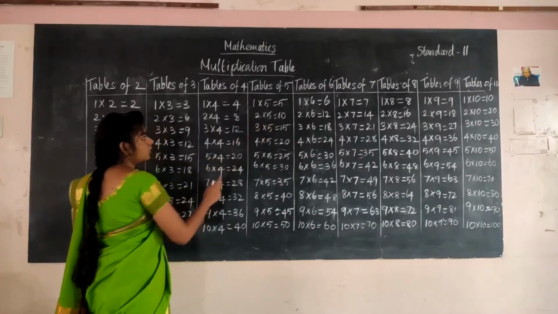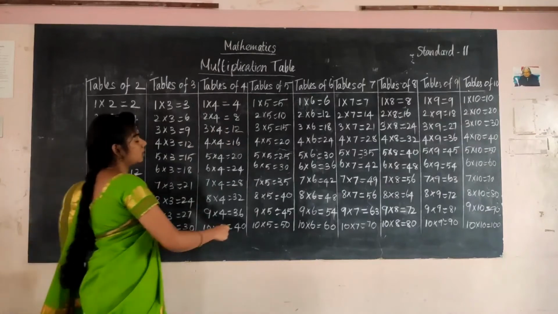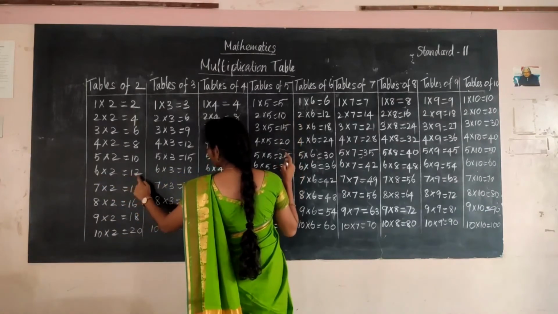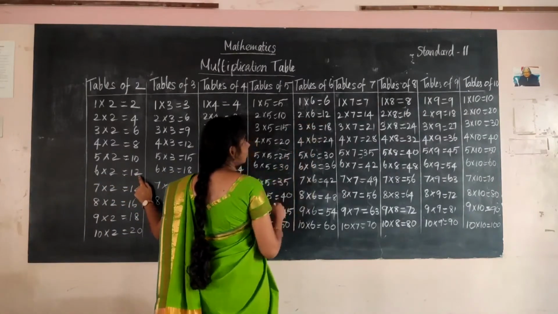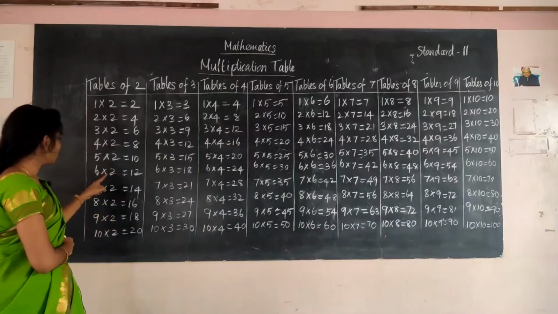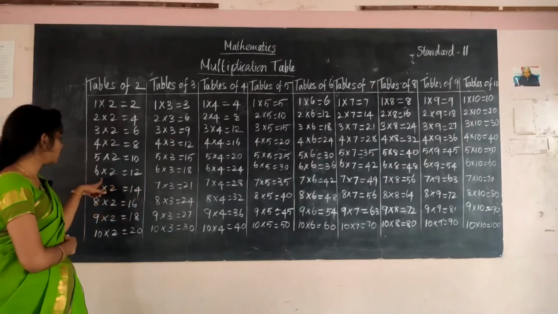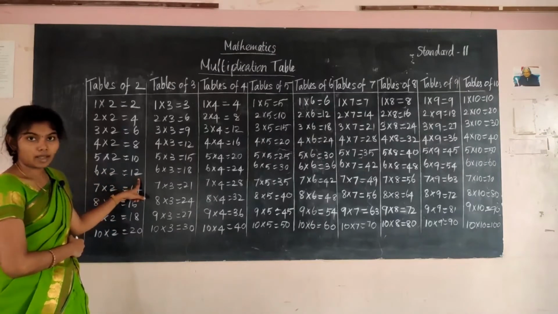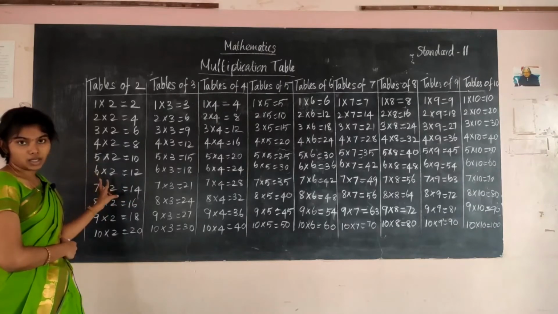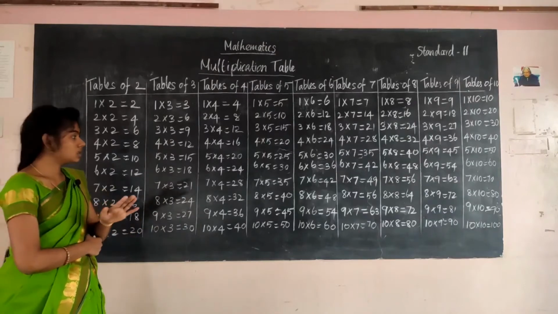In every table, in the second table this order will be there. And see here, 6 2's are 12, and here 2 6's are 12. So the same answer for both. Why is it the same? Because the numbers are interchanged. If the numbers are interchanged in multiplication, you will get the same answer. This is the result, okay.